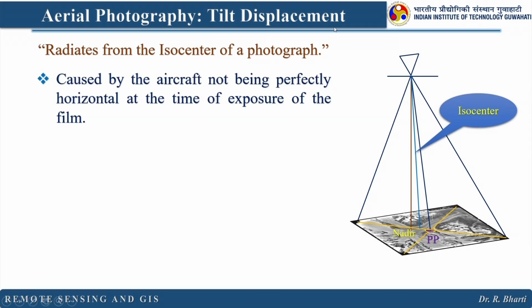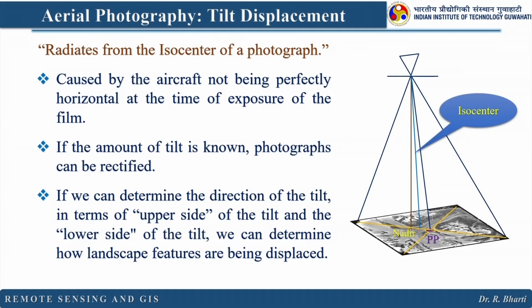It is caused by the aircraft not being perfectly horizontal at the time of exposure of the film. If the amount of tilt is known, photographs can be rectified. If we can determine the direction of the tilt in terms of the upper side of the tilt and the lower side of the tilt, we can determine how landscape features are being displaced.